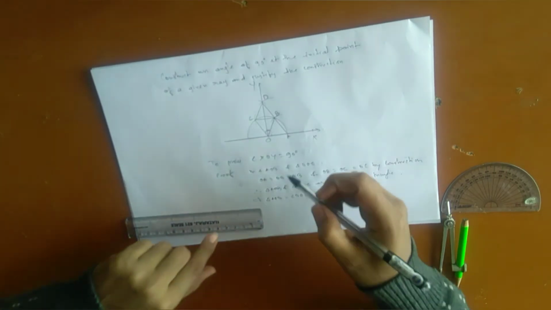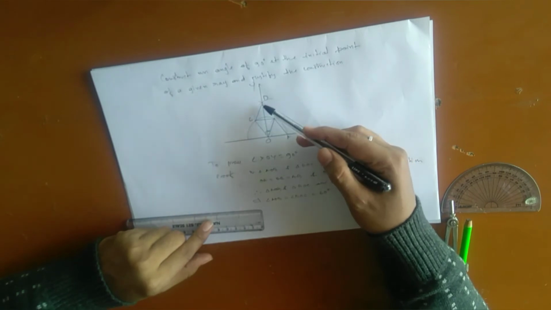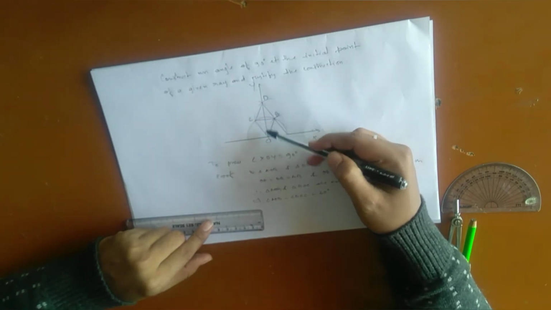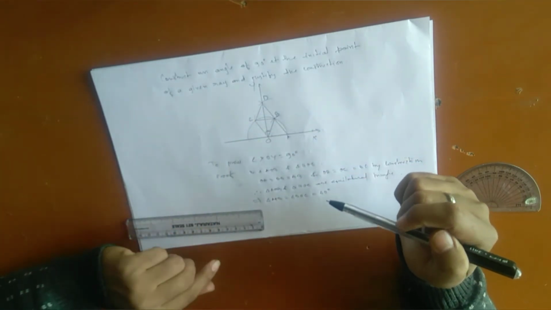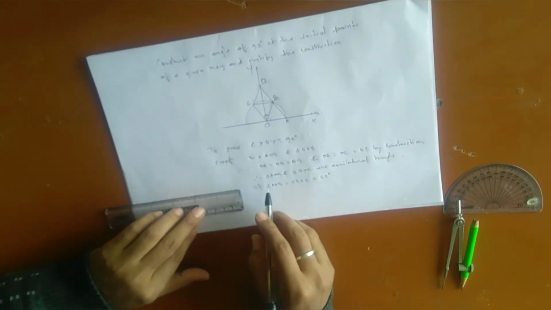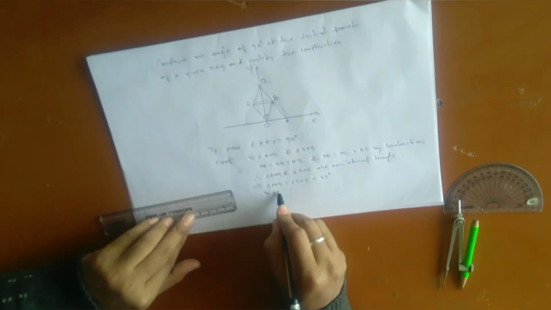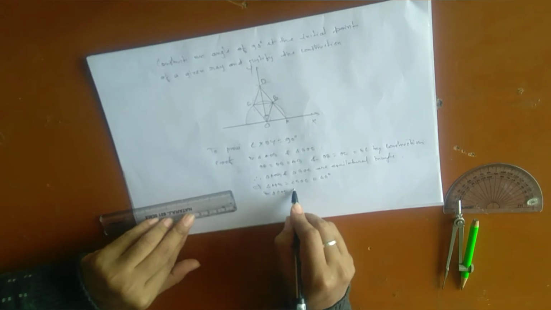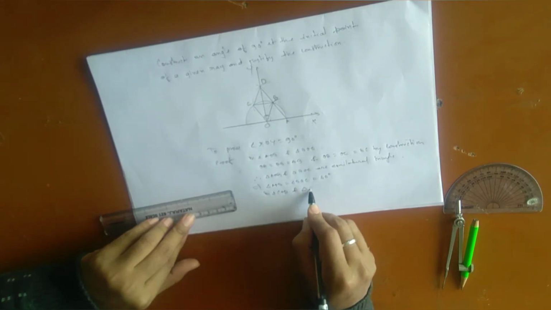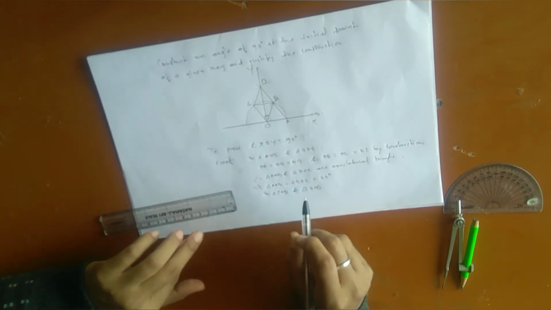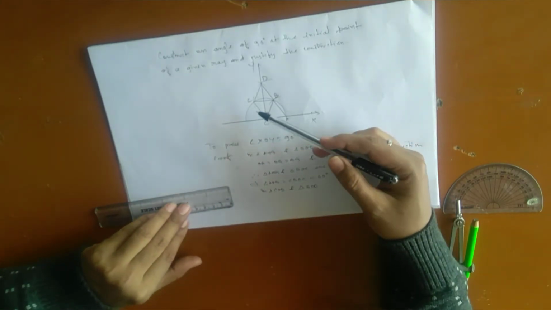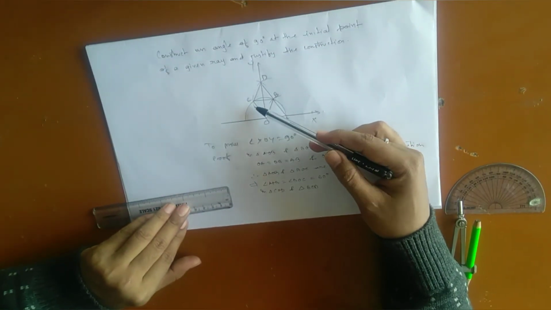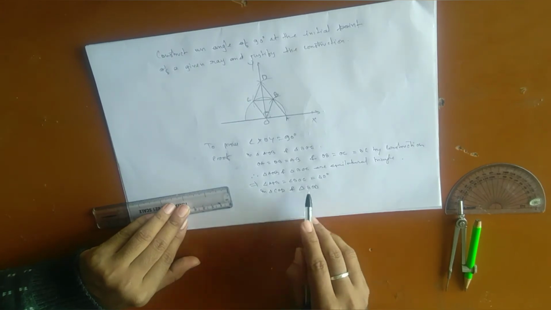Now our target is to show that triangles COD and BOD are congruent. Now we'll go for congruency. In triangle COD and triangle BOD, you can see that CO equals BO.